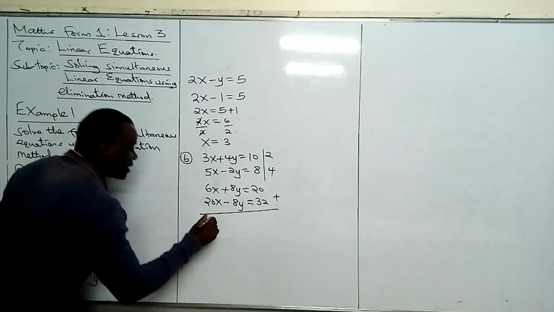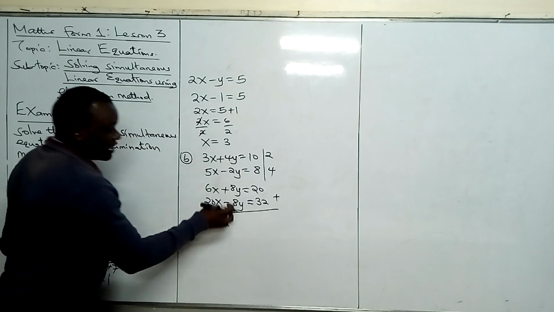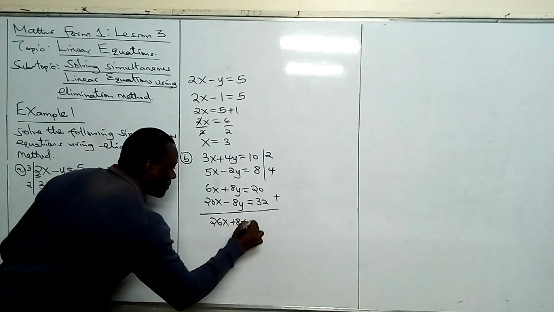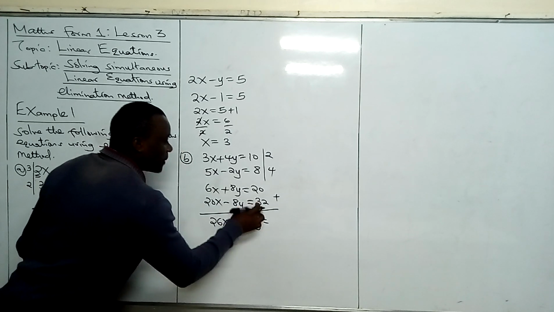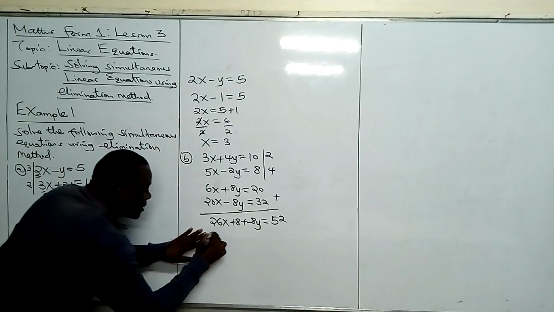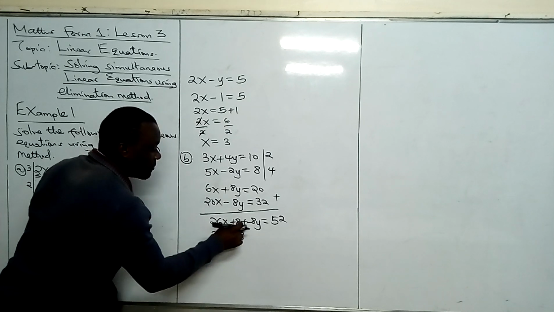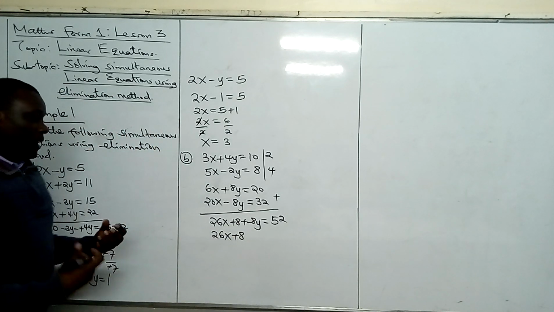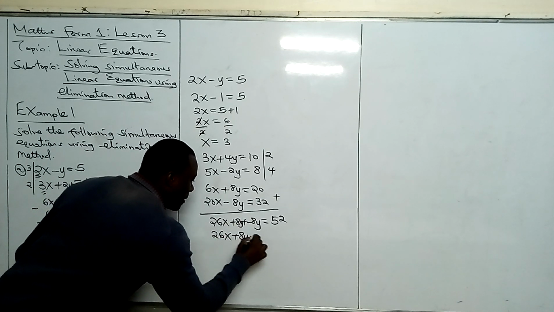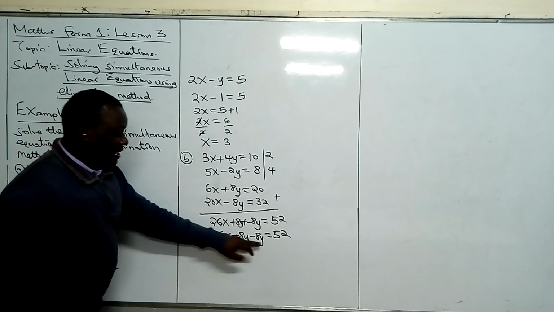So we will now add. 6 plus 20 will give us 26x. Then plus 8y plus minus 8y is equal to 20 plus 32, which gives us 52. This will be 26x plus 8y minus 8y is equal to 52. 8y minus 8y will be 0.